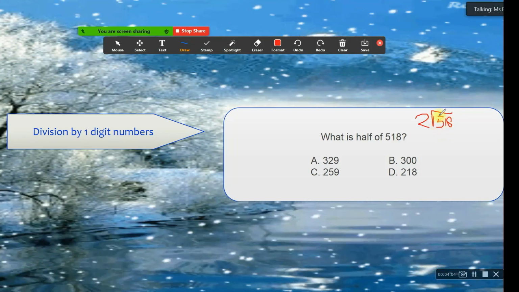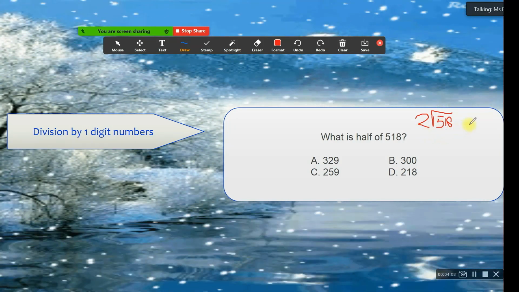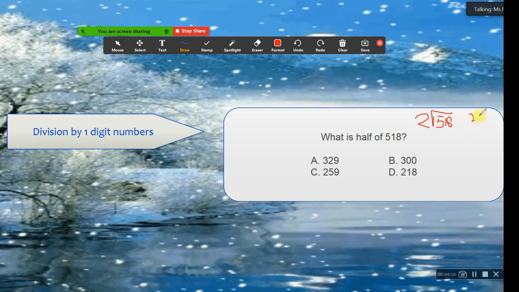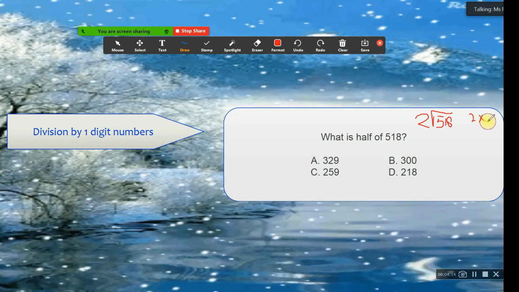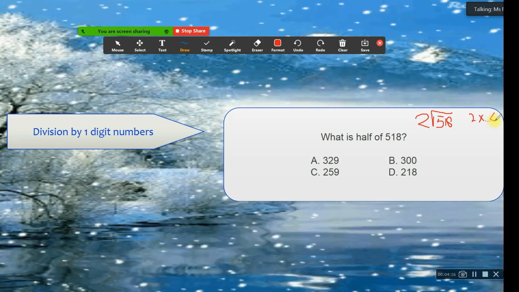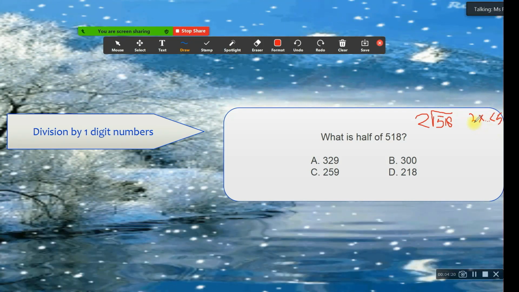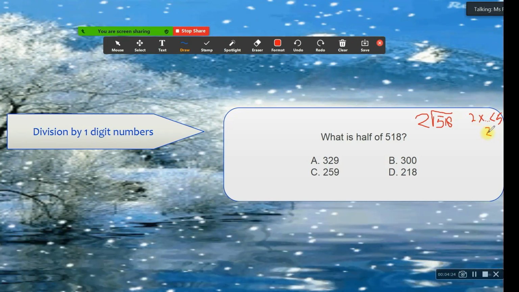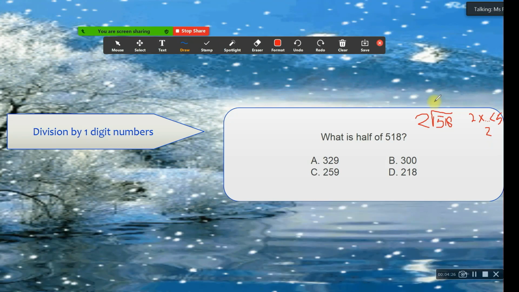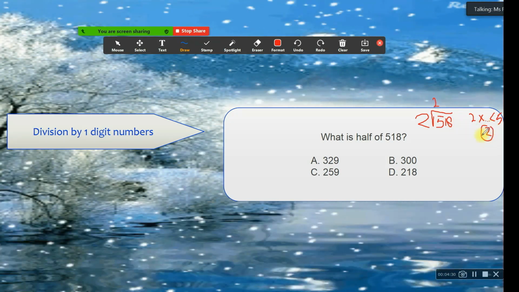The left number is 5. 5 divided by 2. 2 times what? The answer is smaller than 5. So we can use 2 times 2, because 2 times 2 equals 4. So we can put 2 here.